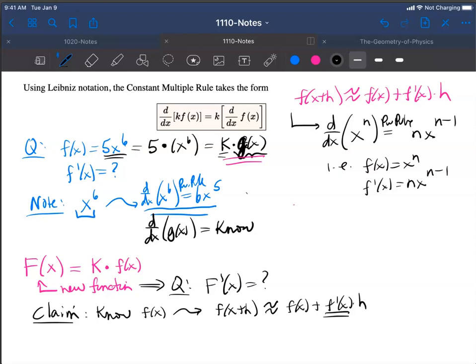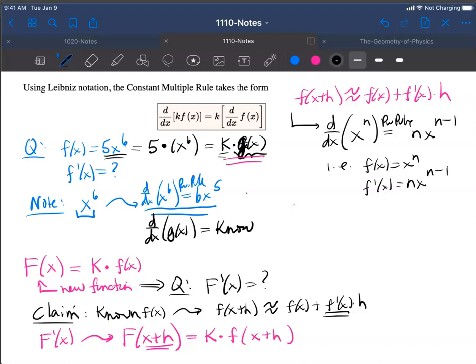Since we know that, I can try to find the derivative by doing the expansion of that function big F of x. Big F of x is a constant times the little function f of x, but wherever you see the x, you need to put in x plus h.